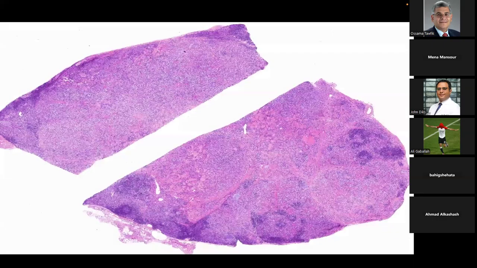This is low power, and what I want you to notice here is the lymphocytic infiltrate and fibrosis. So the background is lymphocytic thyroiditis or Hashimoto's or anything like that, but there's a lot of lymphocytic thyroiditis in this lesion.